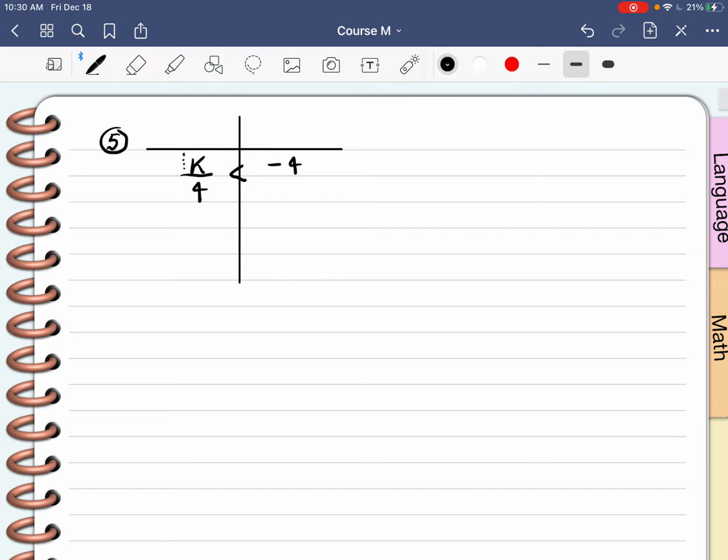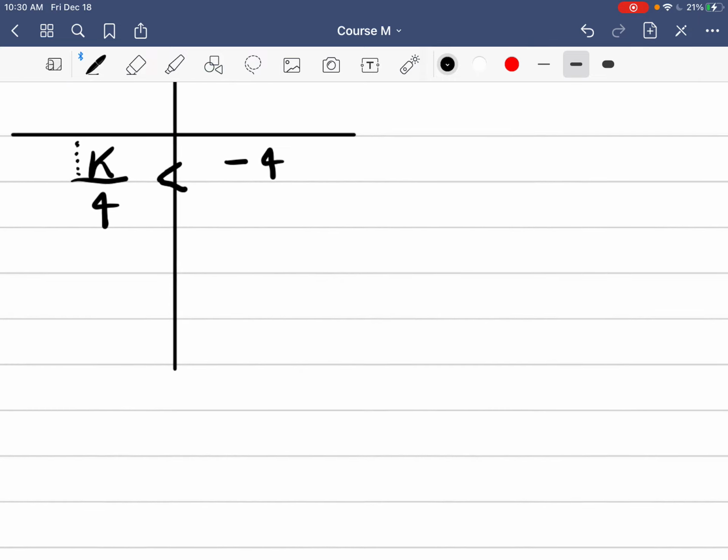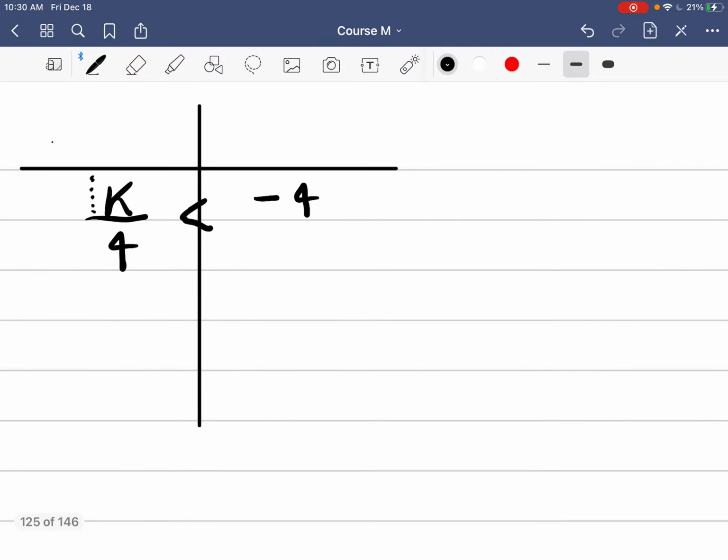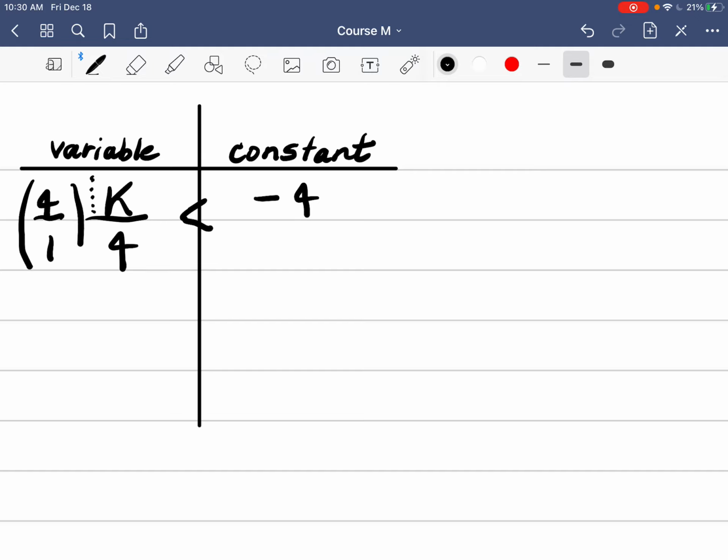I am going to put a ghost 1 in front of that k to give me a numerator. And then we need to, first of all, decide that this is variable. And I don't want to move the k, I want to move the 1/4. So let's do 4 over 1.